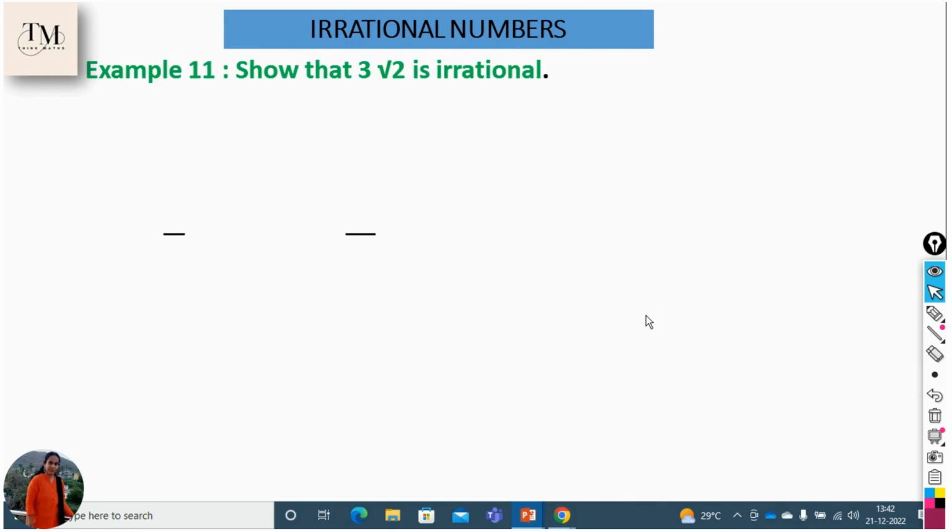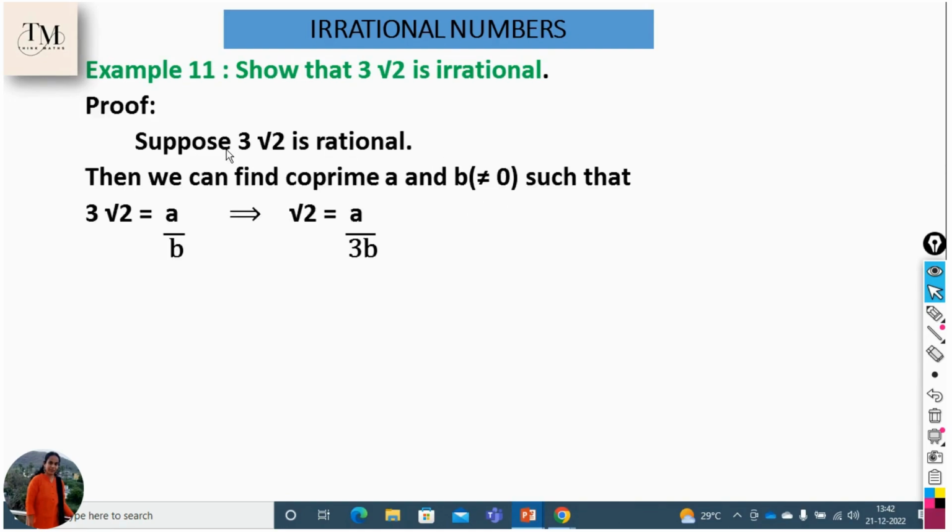Example 11. Show that 3 root 2 is irrational. This is similar to example 10. So we have to assume the contradiction. Let 3 root 2 be a rational number. Then we can find the co-prime a and b such that 3 root 2 is equal to a by b. So I take root 2 on the LHS. 3 is in the numerator. When it comes to the RHS, it will be in the denominator.